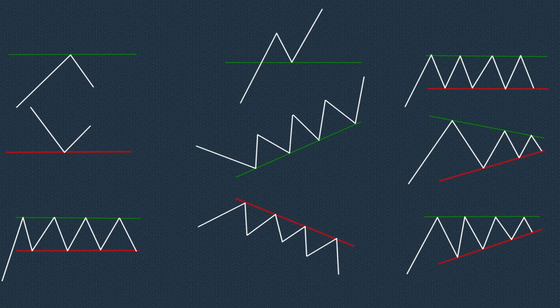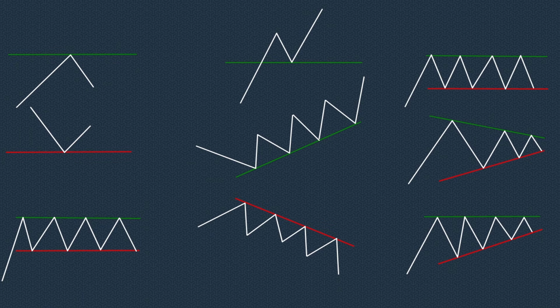When you finally understand all the formations that we've discussed before, we're going to learn some more complicated things. Here we'll see formations for movement continuation. There are three such main formations.